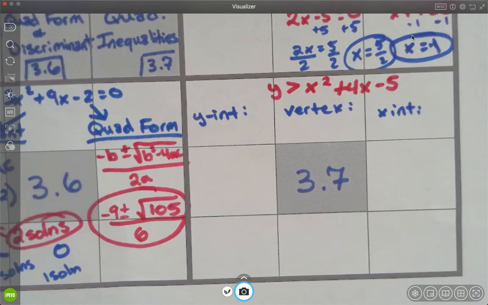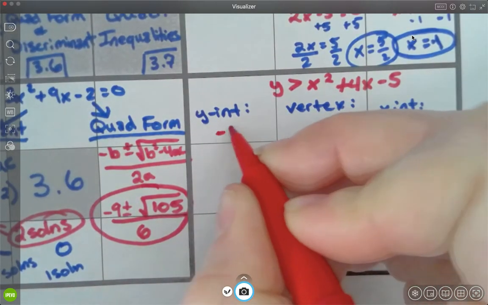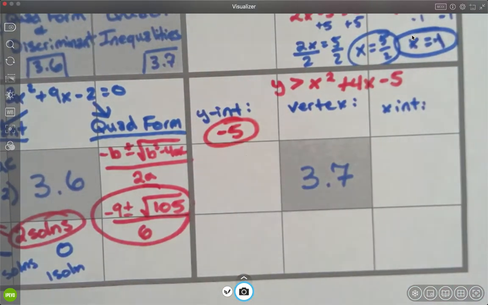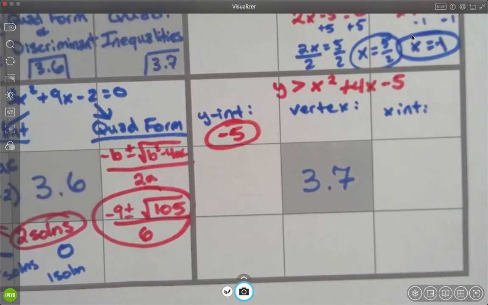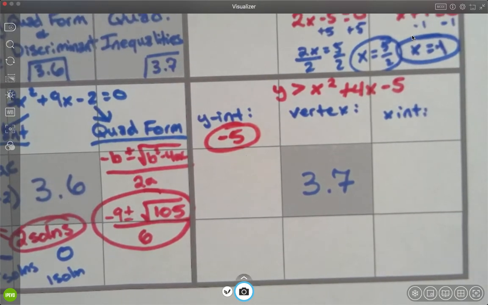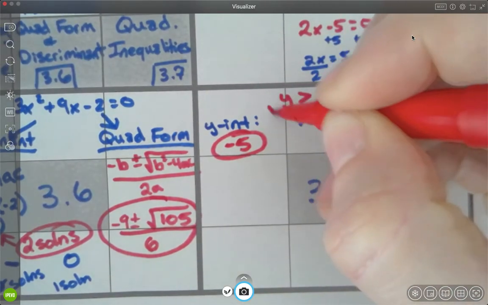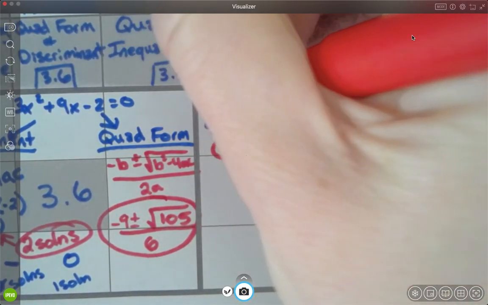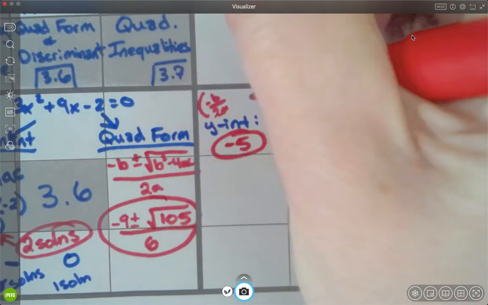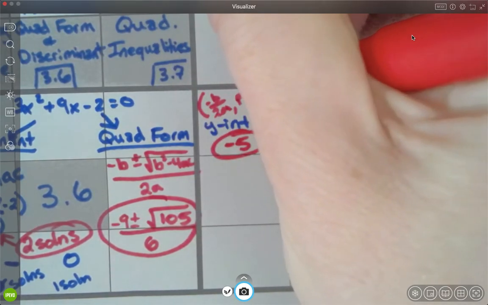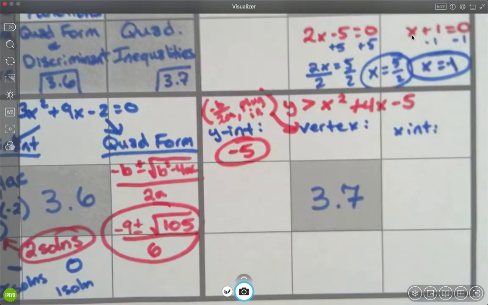Okay, in this problem, what's the y-intercept? The y-intercept is -5, the last number. How do you find the vertex? Negative b over 2a, and then you plug it back in. That's the formula for the vertex.